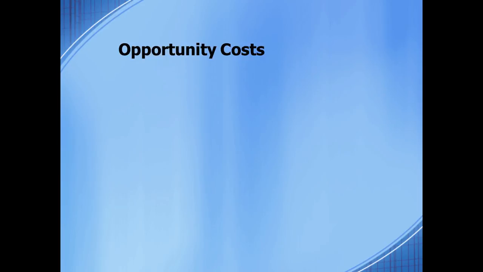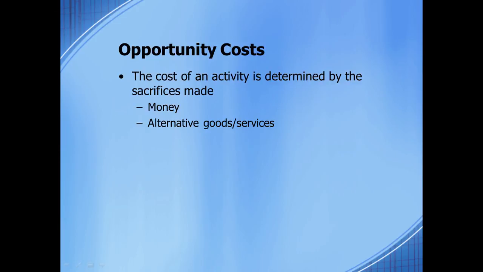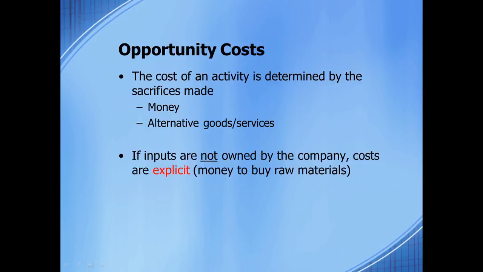If we consider alternative costs, so opportunity costs, and we've discussed this before, it is the cost of an activity described by what we sacrifice in order to make that choice. It could be money, but might be alternative goods or services, things we may spend time manufacturing or taking advantage of, but we can't, because we're making use of our time another way. If the inputs are not owned by the company, then the costs are explicit.